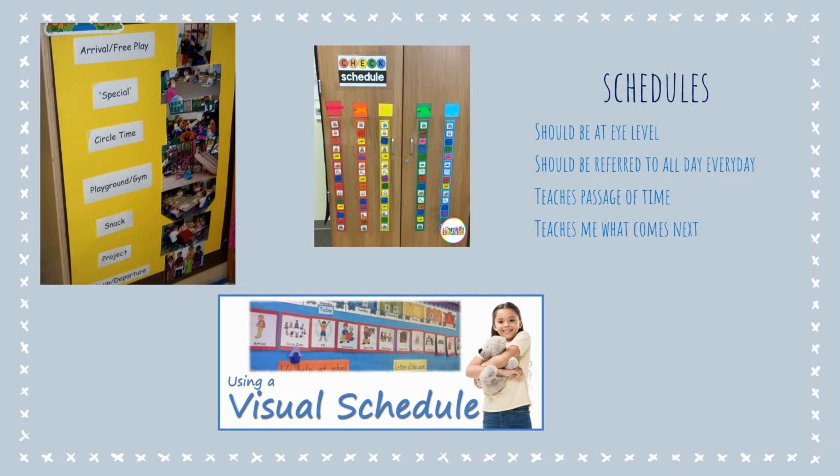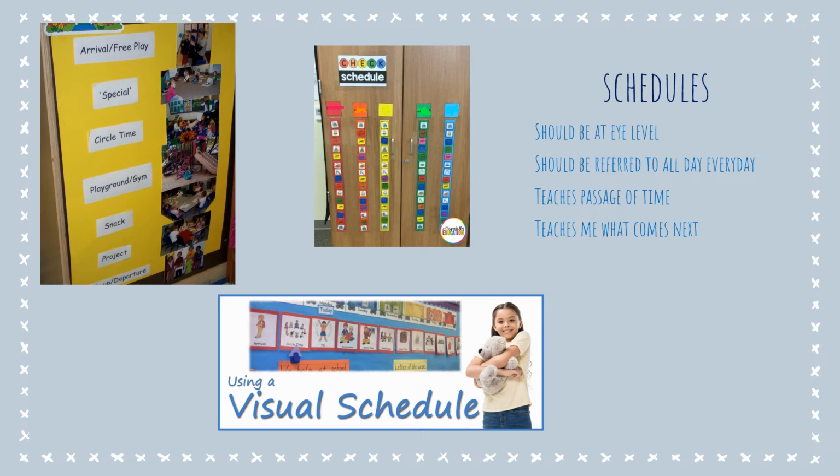I started talking about schedules because schedules are a type of visual. But a visual schedule for a child communicates the sequence of upcoming activities or events through the use of objects, photographs, icons, words, or a combination. So if you have a child that isn't paying attention to your visual schedule, you need to look.